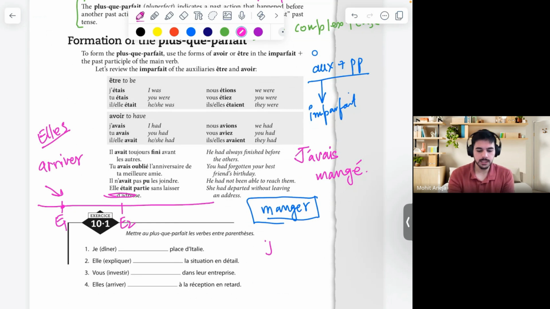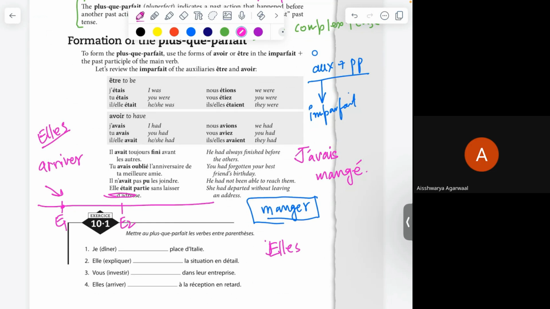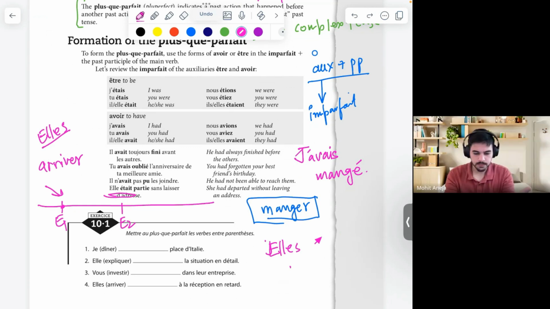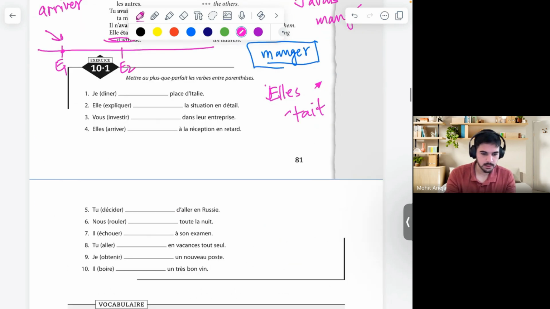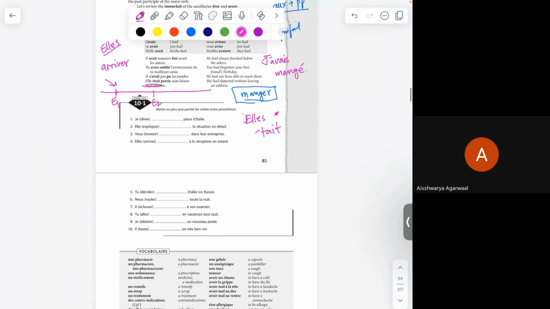Okay, so how will we do it? Can someone complete it for me? Arriver, with an extra E and S. Just a moment. This is misbehaving for some reason.